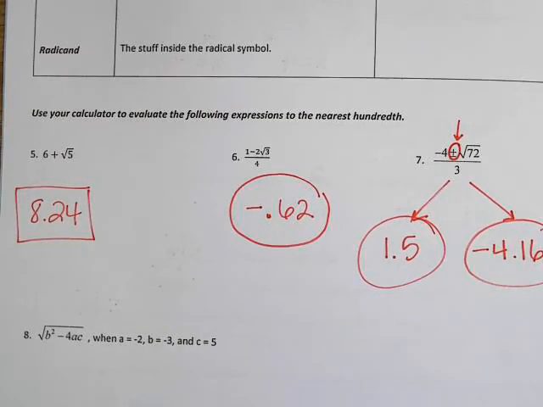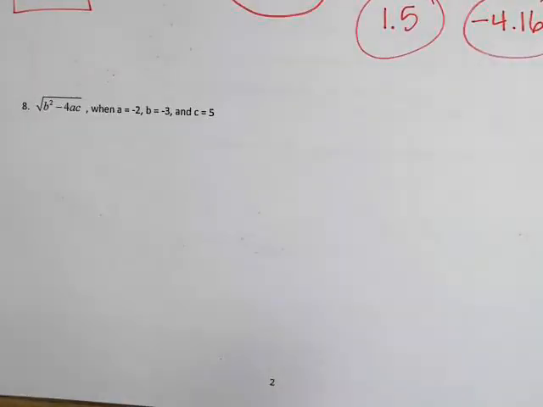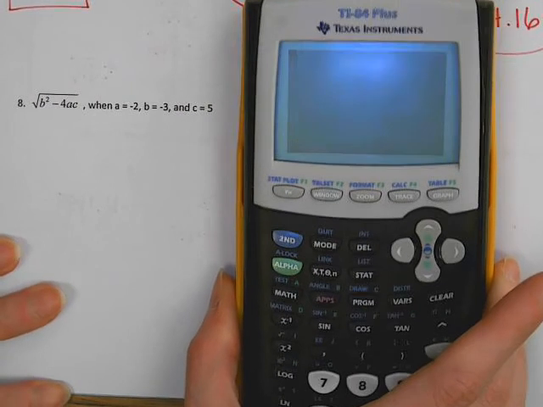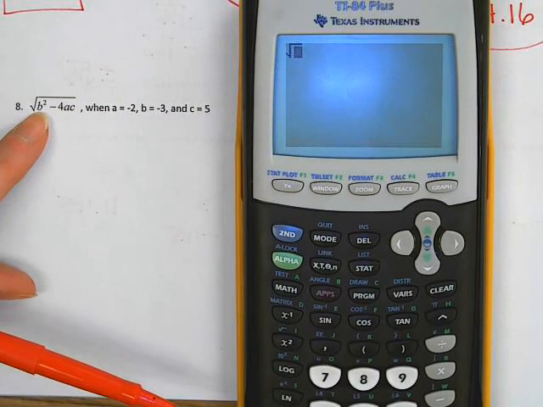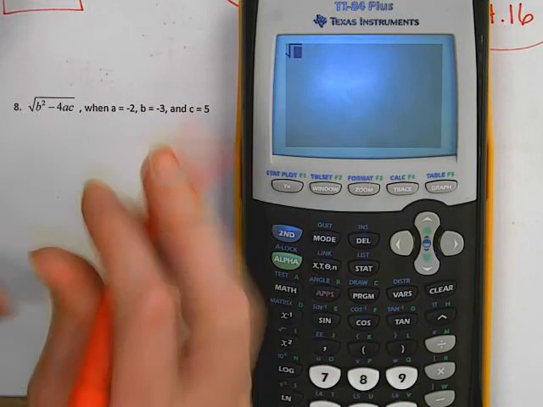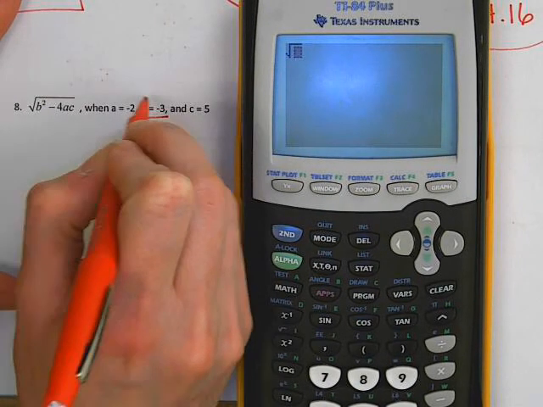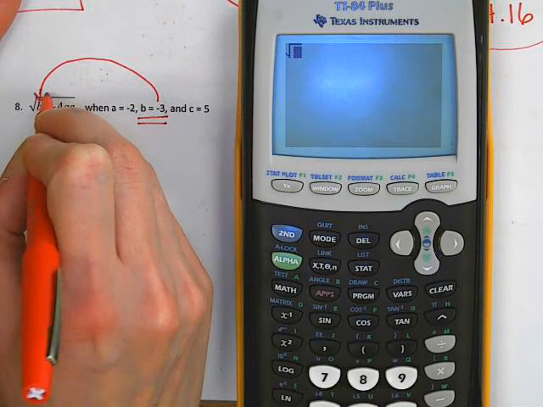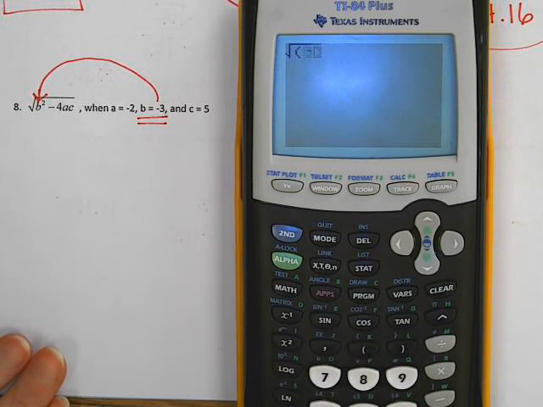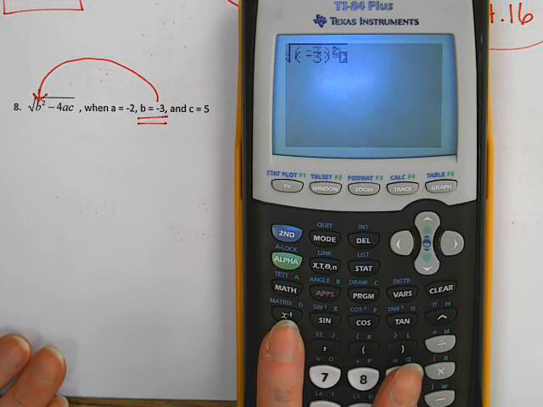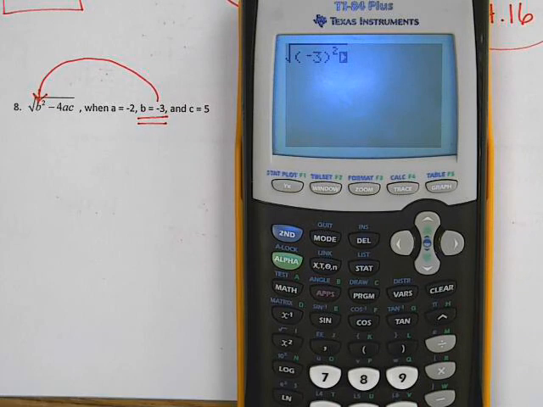All right, last one. Can you evaluate this radical expression with these given values? All right, so let me show you guys how to do this one. All right, make a big square root sign. We want to do b squared, and b is negative 3. Okay, so go ahead and type in negative 3 squared. Now, you guys have to be careful. When you square a negative, you have to put it in parentheses before you square it. So that's how we're going to do b squared.